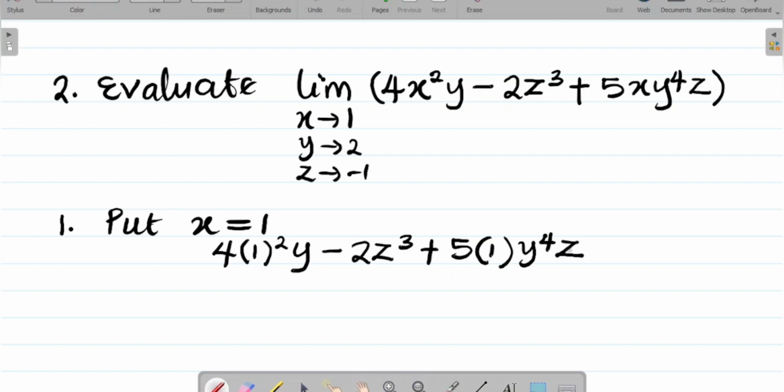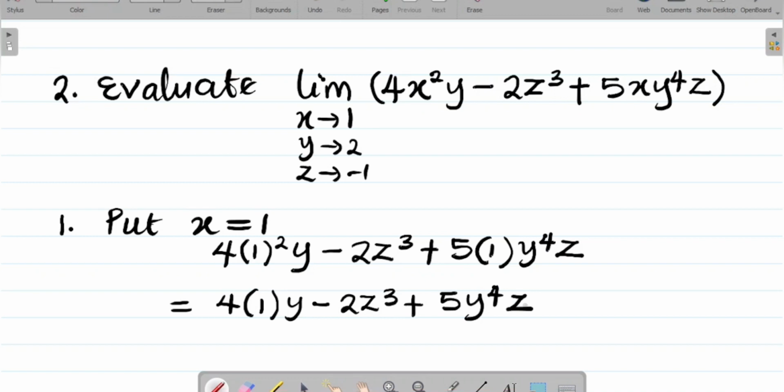So we have this. Simplifying further, this will be equal to 4 into 1 squared gives 1, then 5 minus 2z cubed plus 5 times 1 gives 5, y to the power 4z. So I have this question here.